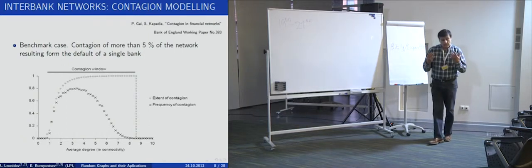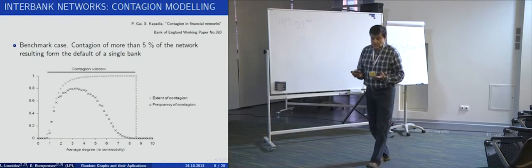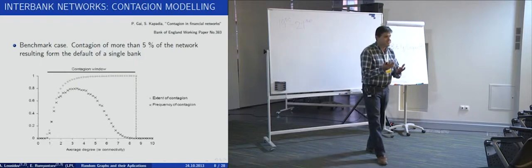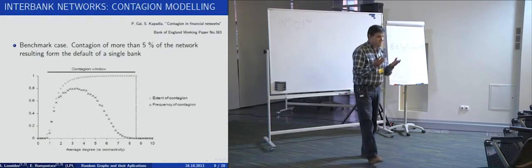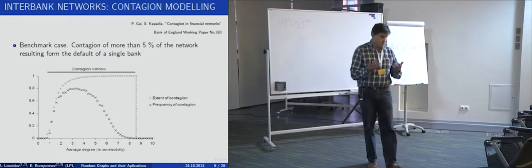And what struck these people was that although there are events with probability looking small, the event is drastic. When with small probabilities, say 50% of your banking system goes out, then this is a risk you have to think about.